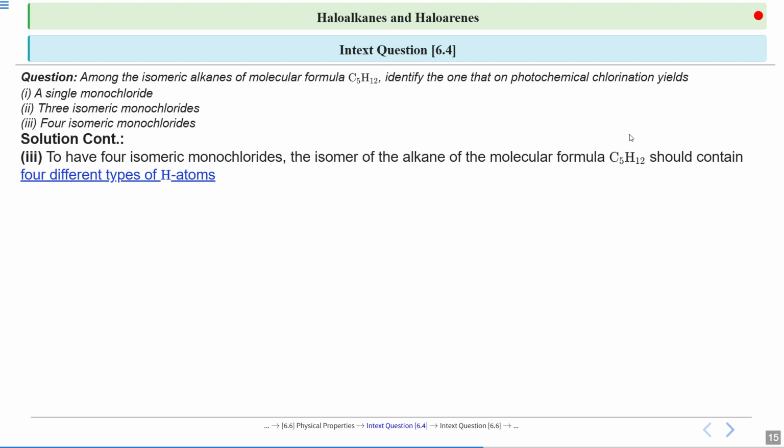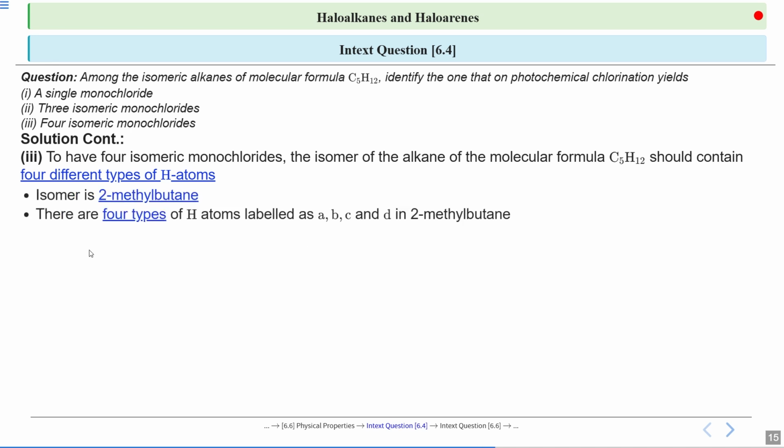So that with each replacement of one hydrogen atom with chlorine, you will get 4 isomeric monochlorides, and that isomer is 2-methyl butane. So there are 4 types of hydrogen atoms that are labeled as A, B, C and D in 2-methyl butane.